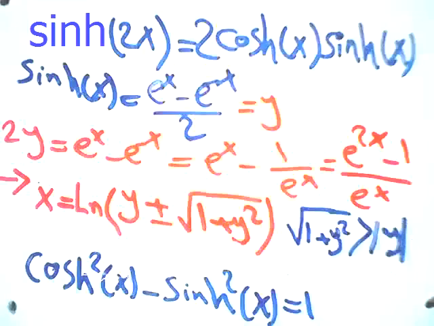Now for the positive values of y, inside the parentheses for the first case is always positive, but for the negative values of y it would be equal to minus the absolute value of y.